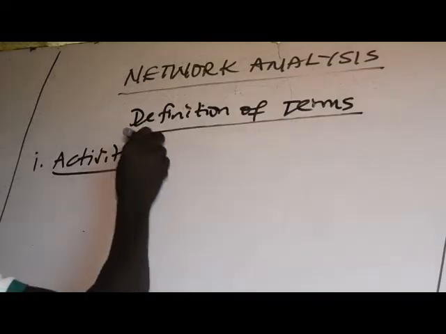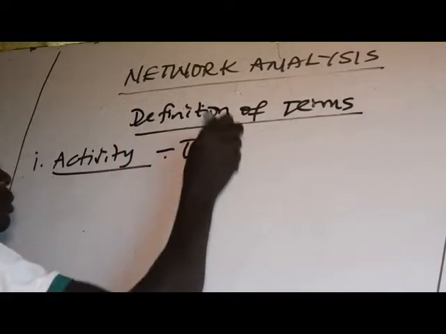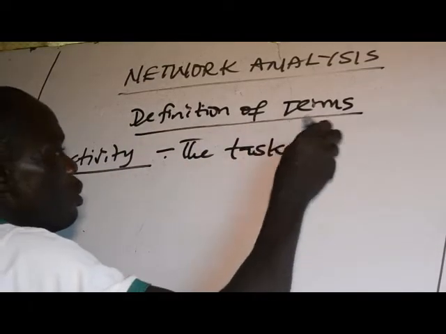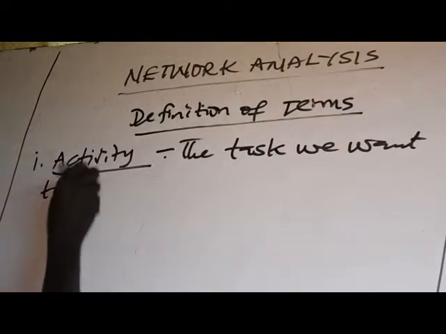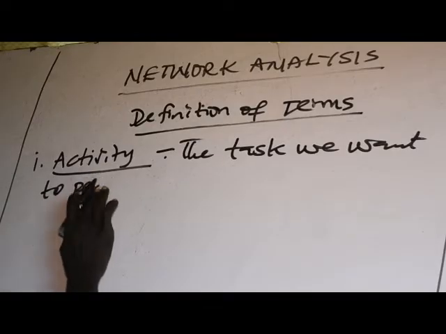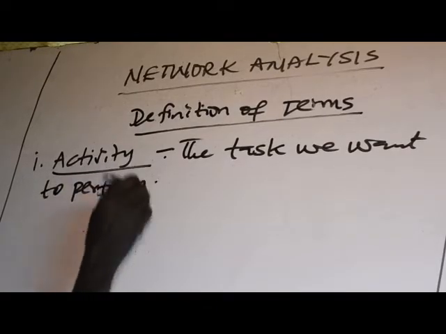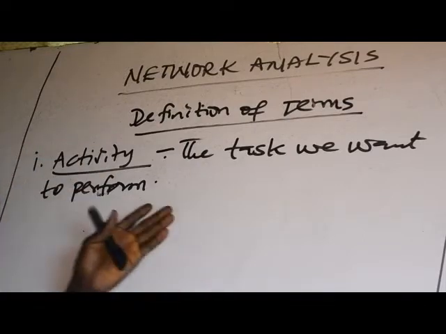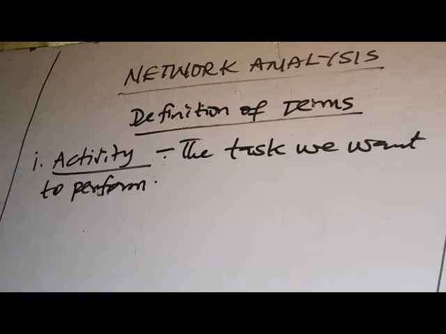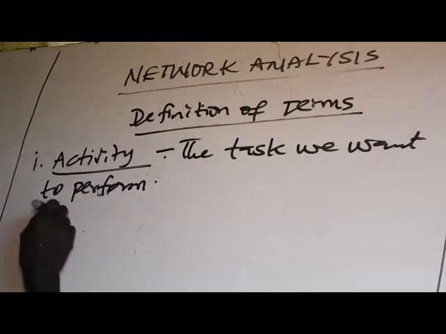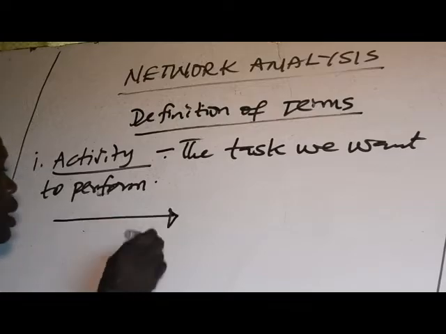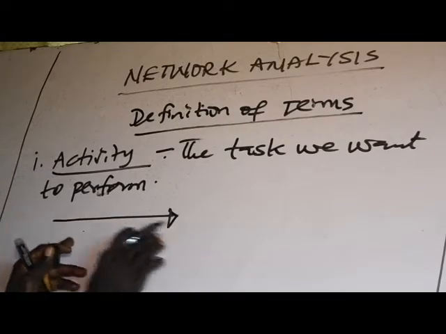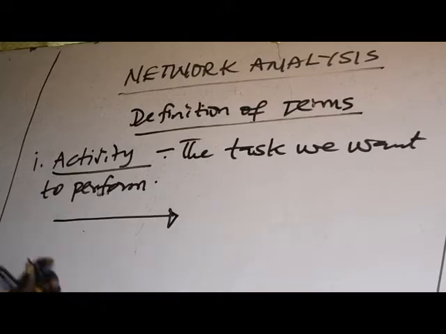The task we want to perform is said to be an activity. It is usually represented by an arrow line.